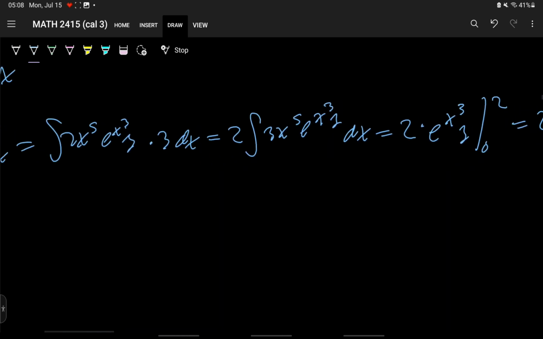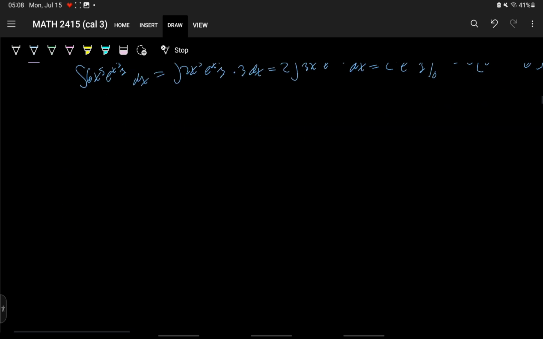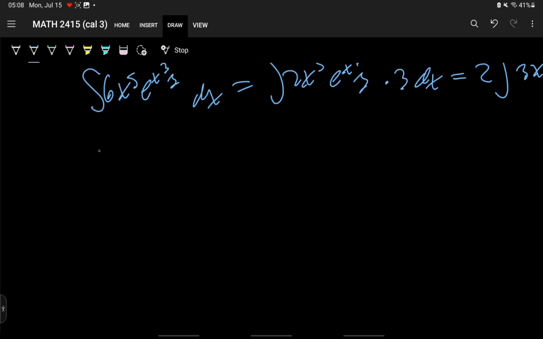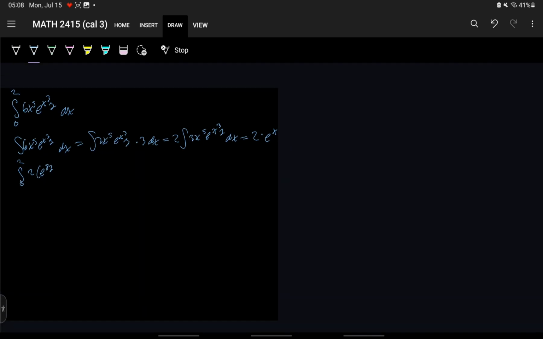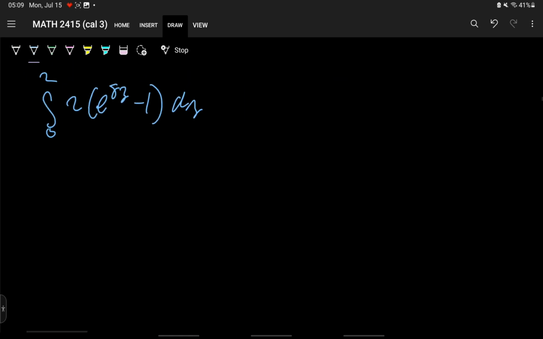Okay, now we need to integrate with respect to x, or sorry, with respect to y. And now we distribute the double integral.